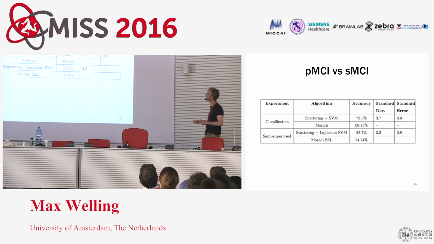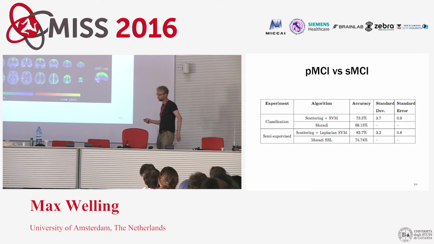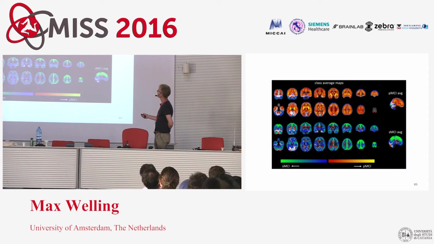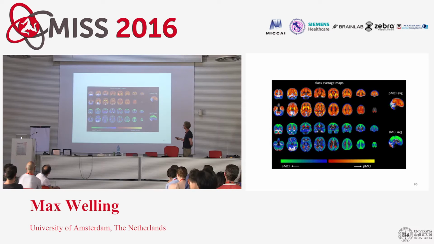So here are some visualizations of the result. I'm not a neuroscientist, but what I've been told is that you see nicely these regions around the hippocampus light up, and for the people in the PMCI group, you would expect the hippocampus to be the region that is affected.